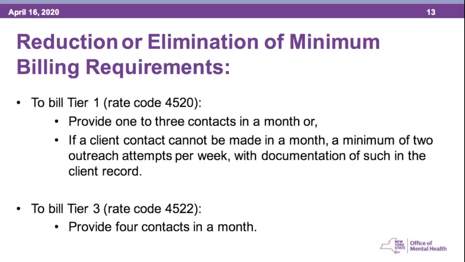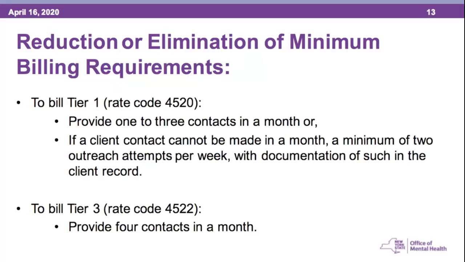We see under these revised contact standards, providers may bill Tier 1, which is rate code 4520, if they provide 1 to 3 contacts in a month, or if a client contact cannot be made in a month, a minimum of 2 outreach attempts per week with the corresponding documentation included in the client record.